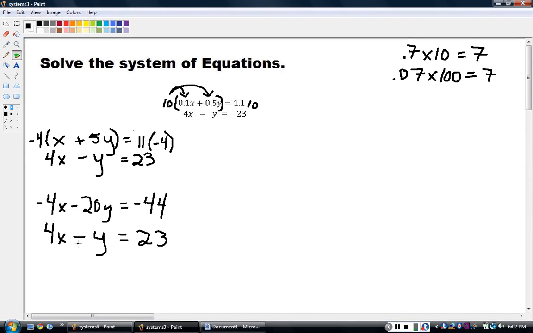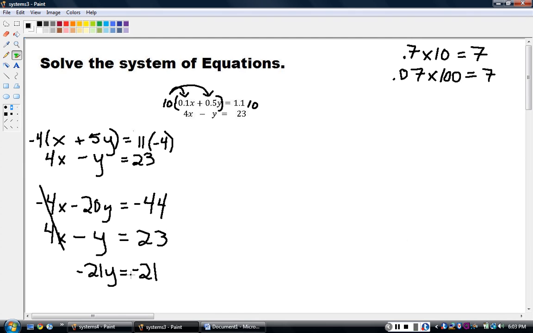Now I add them together, and the x terms go away. Elimination. We've eliminated x. Negative 20y and negative 1y is negative 21y. And if I add negative 44 to 23, I end up with negative 21.